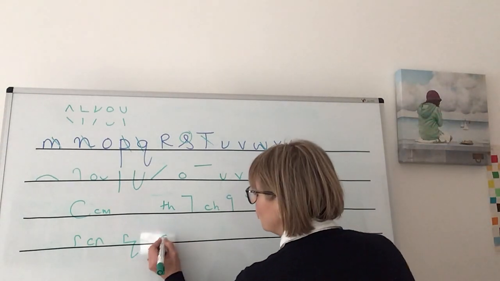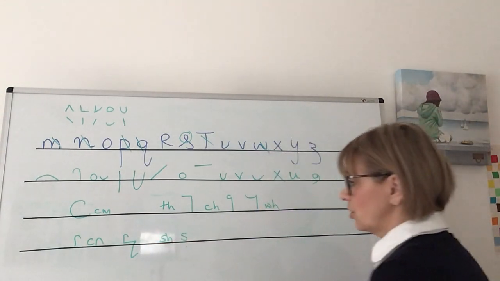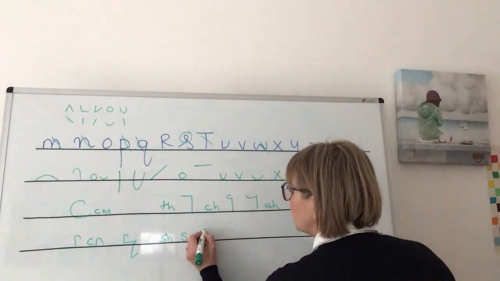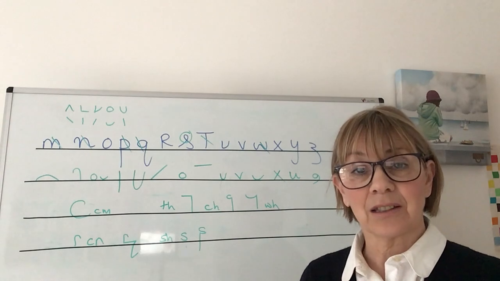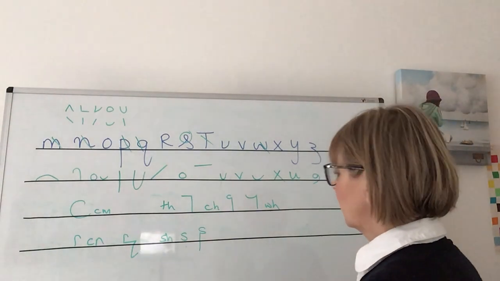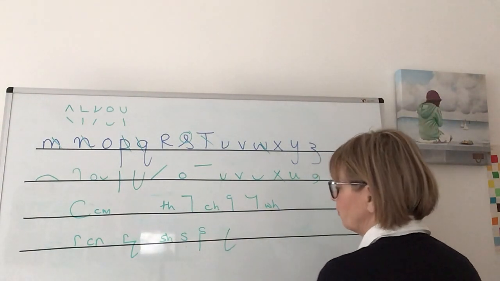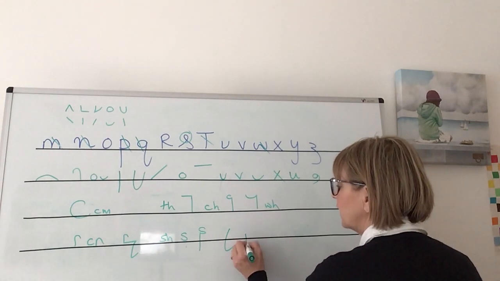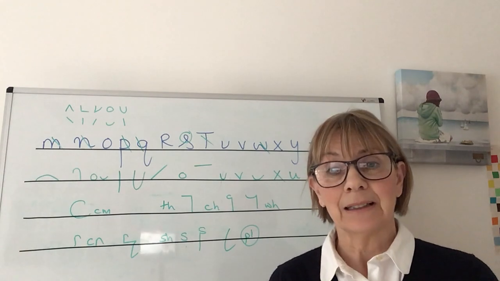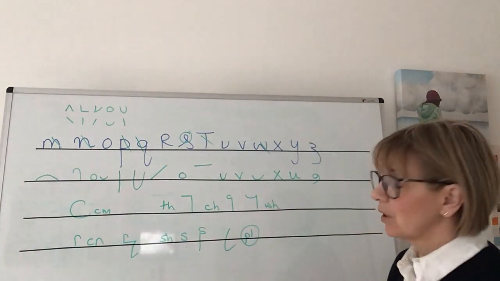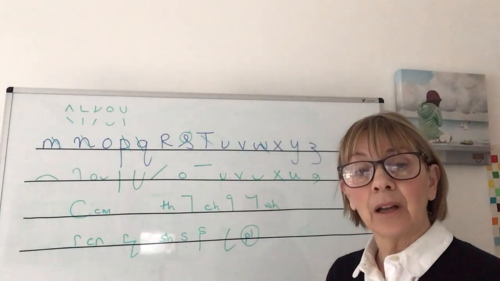And then there's an unusual one which is SH. So ship uses a longhand S for SH. And finally PL. When P and L come together with no vowel in between, you put an L through the line, and that's PL.